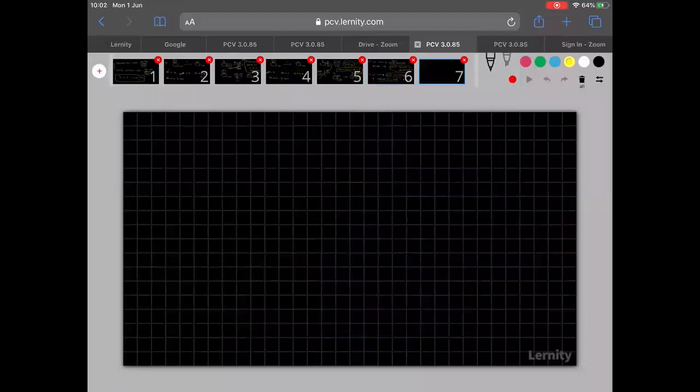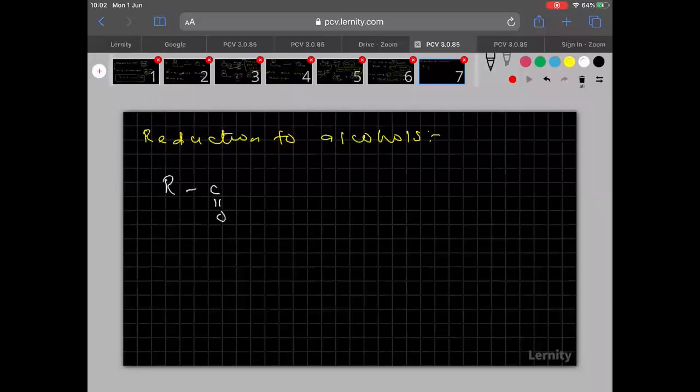Followed. Now let me enter into the next chemical property, and that next chemical property is reduction to alcohols. Now, see clearly everyone, if I take the aldehyde, so this is an aldehyde here.